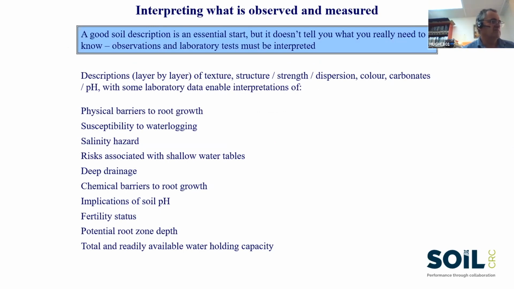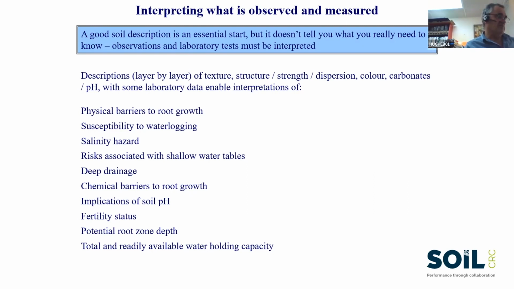So I talked about some of the physical barriers to root growth in that soil type, whether it's susceptible to waterlogging, salinity hazard, whether it's got a water table, what the deep drainage characteristics are, any chemical barriers to root growth, soil pH and the implications of that, general fertility status, and also just that root zone depth.